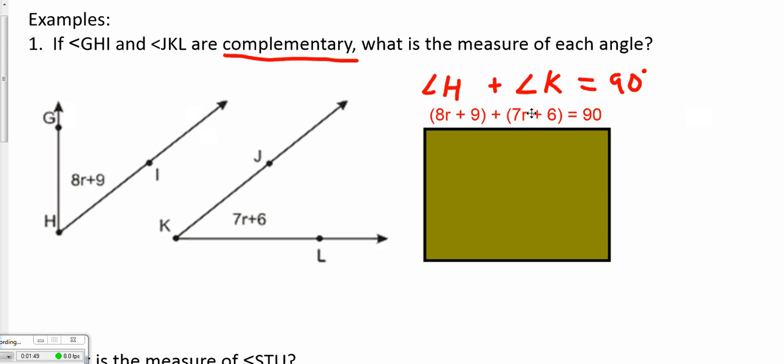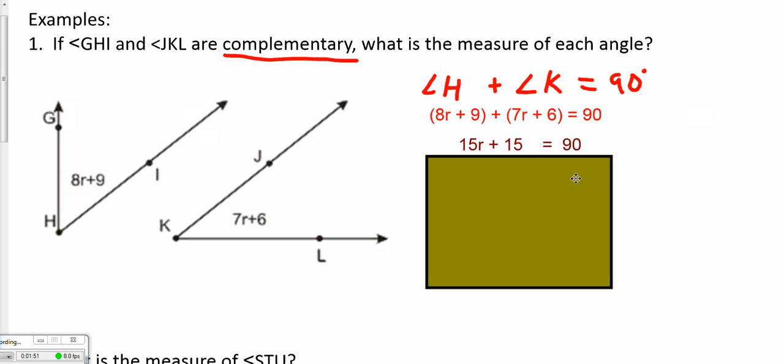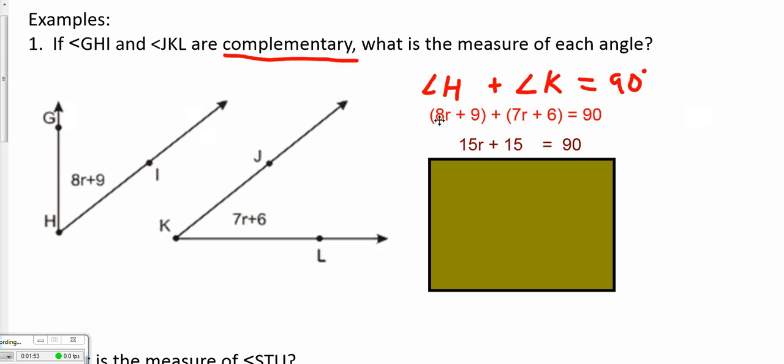8r plus 9 plus 7r plus 6, we can combine those. 8r plus 7r, 15r. Positive 9 plus positive 6, positive 15, or plus 15. So we had to use some algebra to figure that out. From here we can subtract 15 from both sides.